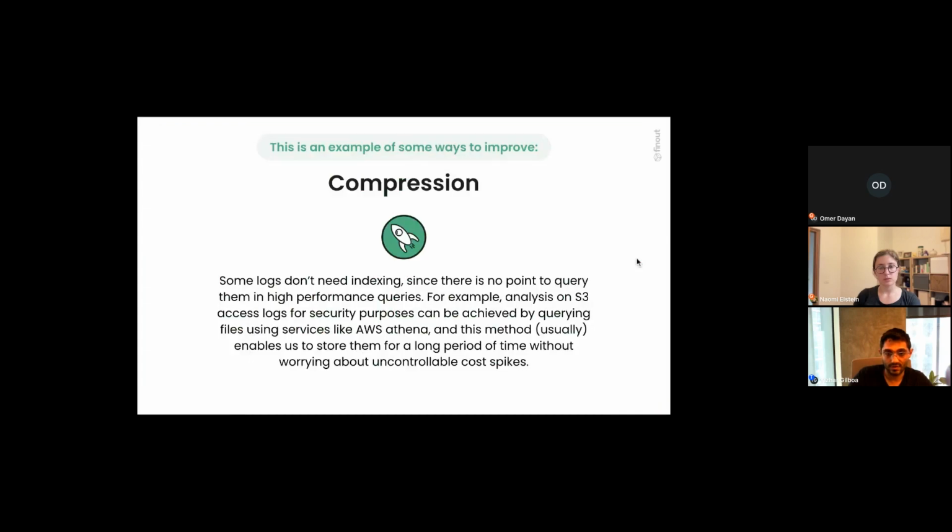Right, so what we applied here at FinOut is we are compressing our logs and sending them to cold storage, a lot of them actually.